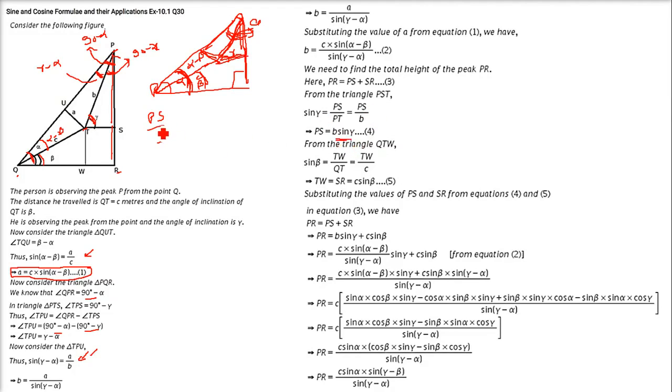Now coming to triangle QTW, this is Q, this is T and this is W. This angle is beta. What is sine beta?